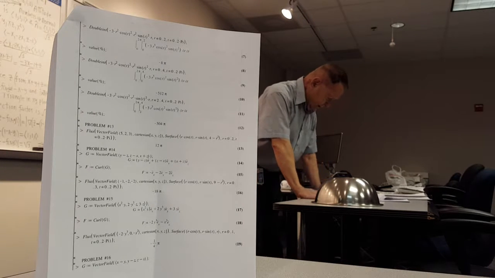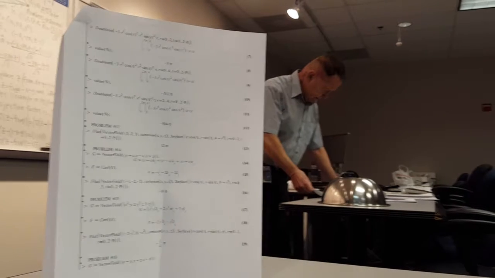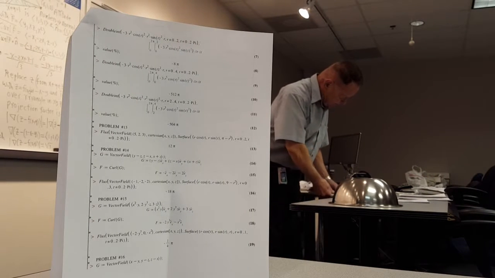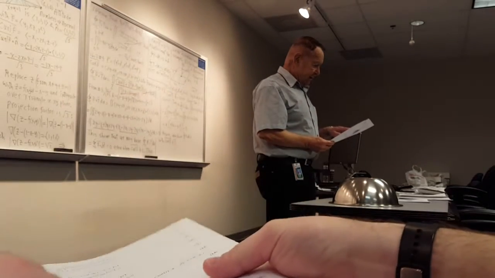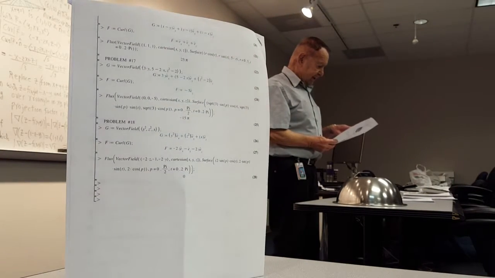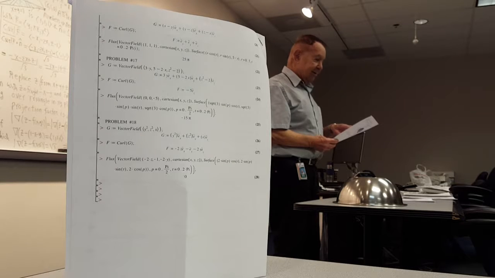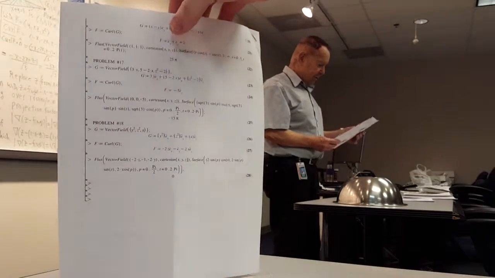And then if we look at, let's see, we did 17 and 18, didn't we? So let's go to the back. If you look at 17, I have the field, then I do the curl, which is the minus 5 K, if you use I, J, and K, line 24.